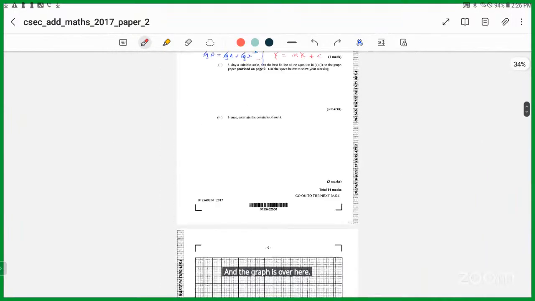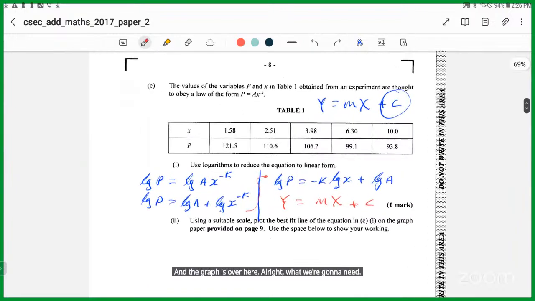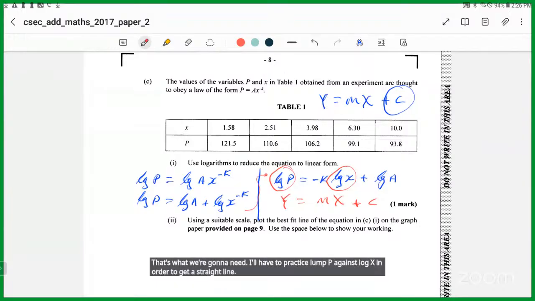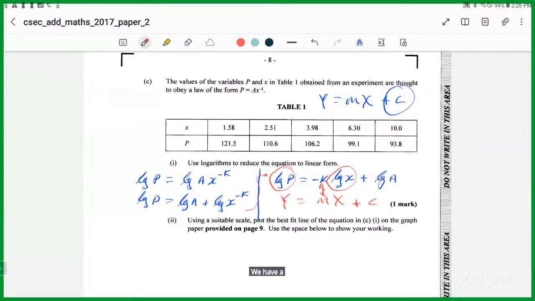But we're going to need log p values against log x values, because we have to plot log p against log x in order to get a straight line where the gradient is minus k, and where that line crosses the vertical axis, that's the log of a, the c. So this is an application of the use of a straight line.